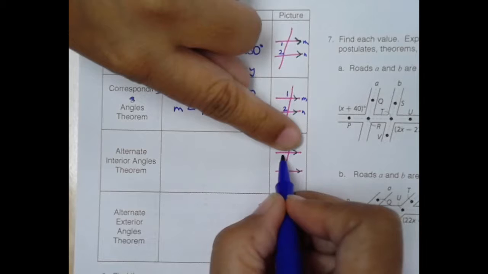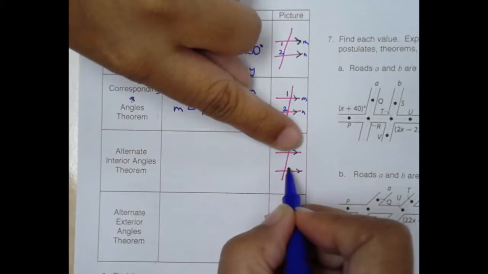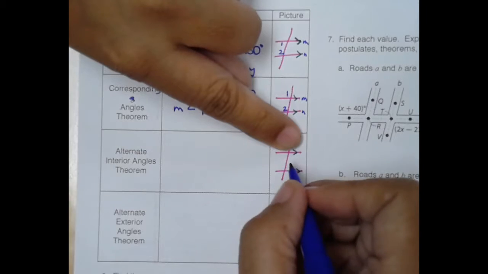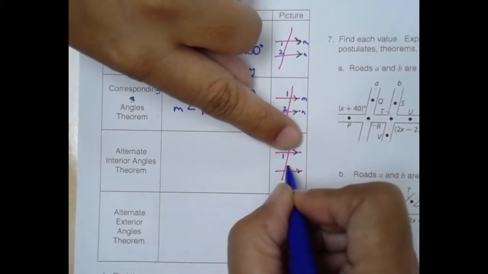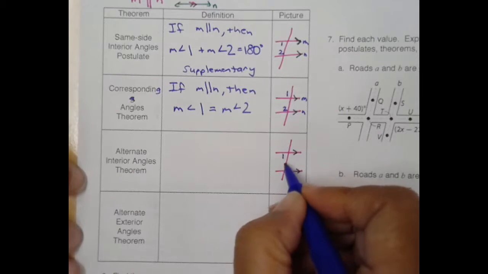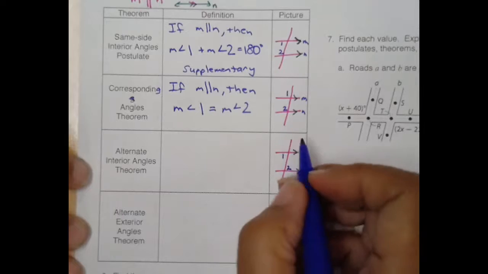Now, when I say alternate, one's on one side and one's on the other, but it's not on the same spot. It's one on top, one on bottom. So like this top, this bottom, or the bottom right with the top left. So these are alternate sides. So in this case, I'm going to write a number 1 and number 2 here. That's one set, but you could use the other set as another set of alternate interior angles.